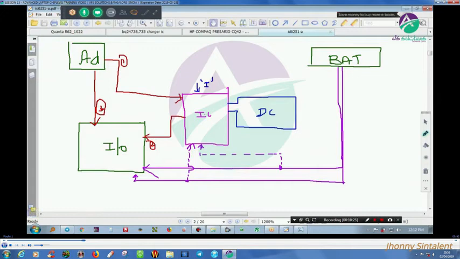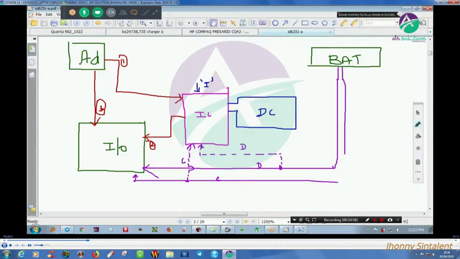So these are my data and clock. Understood? This is my data line, this is my clock line. So this data and clock, sometimes it will go to the charger IC, but it is mandatory that it goes to my IO controller only. Got my point, brothers? This is one thing.